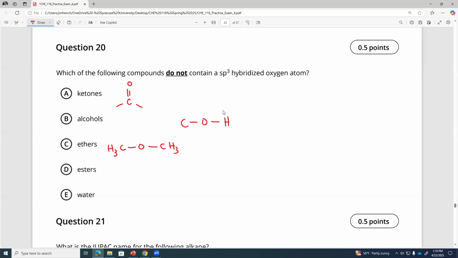Ester, we have carbon, oxygen double bond, an oxygen, and then a carbon. All right, I'll make all of these full functional groups, and then water.